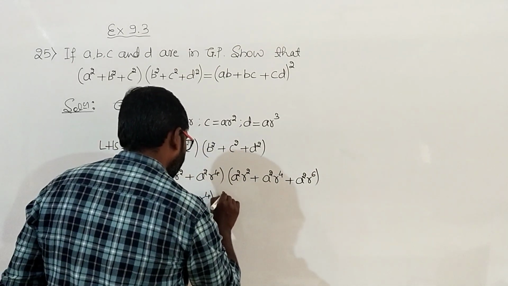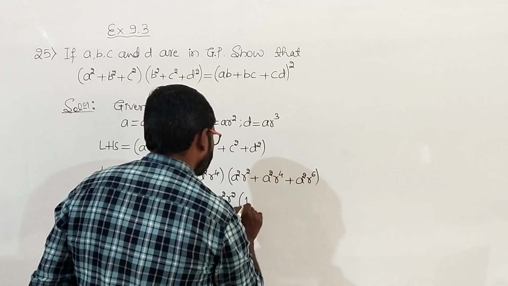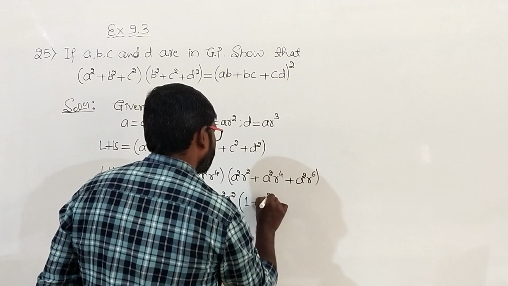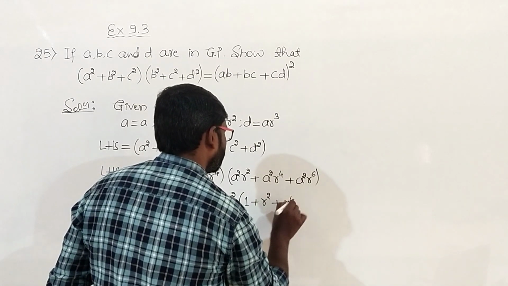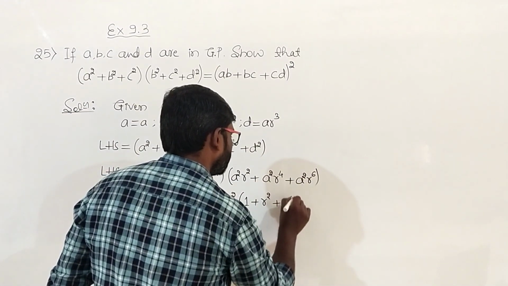Then we get 1 plus R square plus R raised to 4.